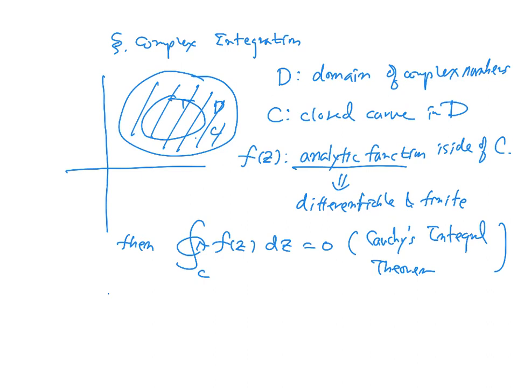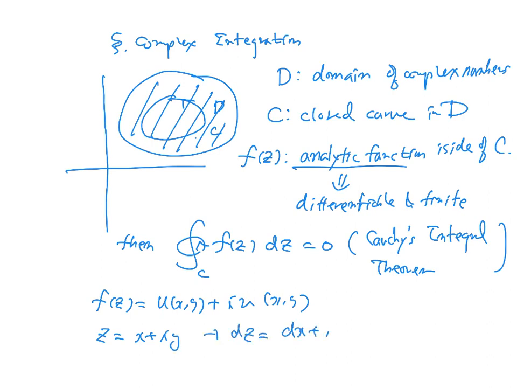So let's start with this: f(z) is u(x,y) plus i v(x,y). z is x plus iy. dz is dx plus i dy.